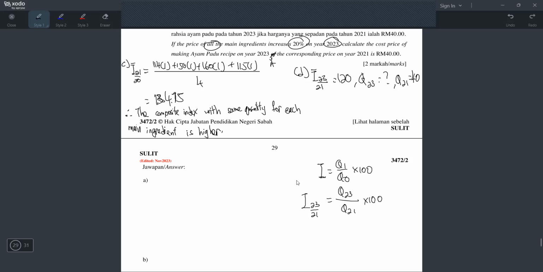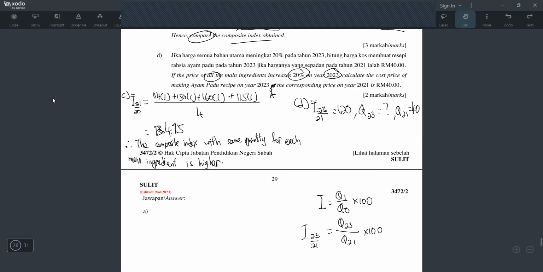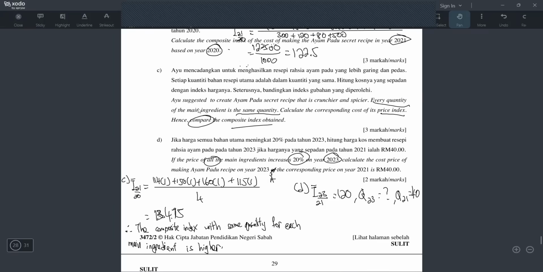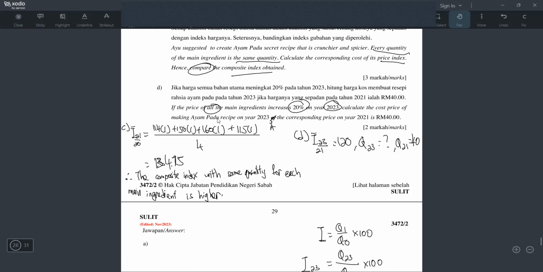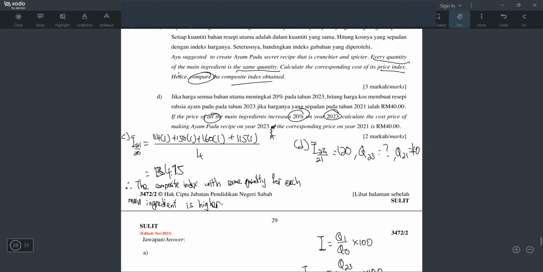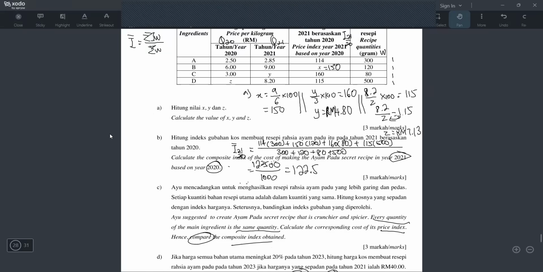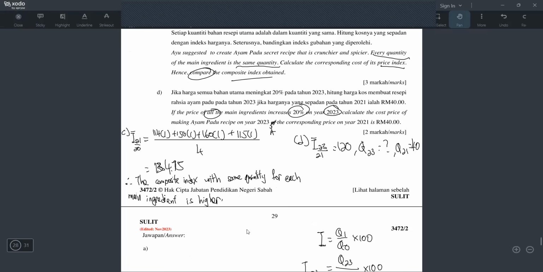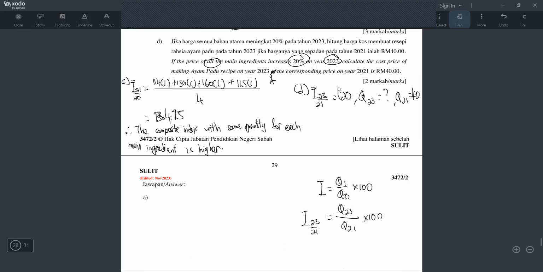But for the I of 2021, you will not put I, you will put the composite index, because in this question they never mention A, B, C or D. It's just talking about the cost price of making the recipe. So it means you will take the composite index, and it's not the composite index for 21 over 20. It's the price index for 23 over 21, which is 120.